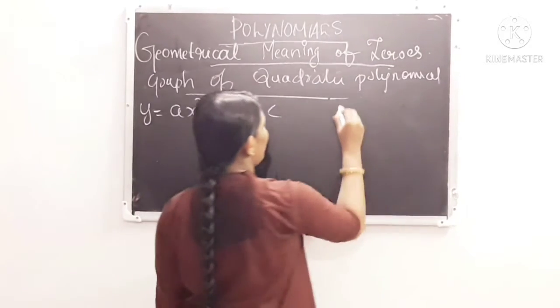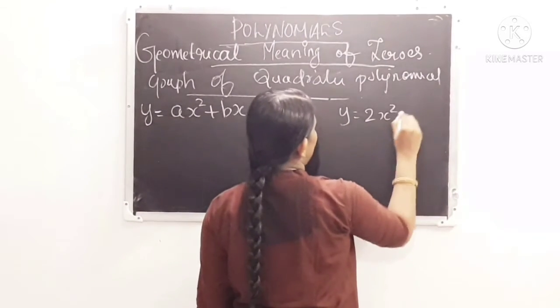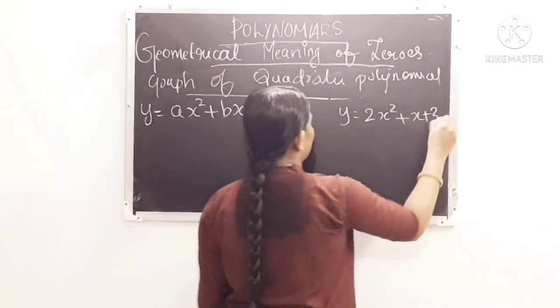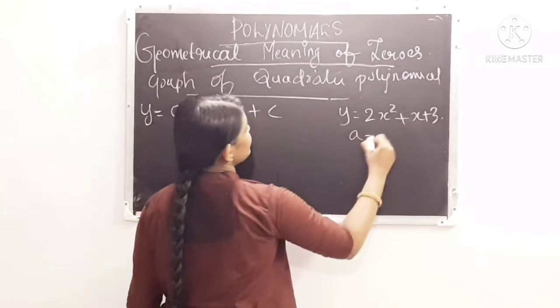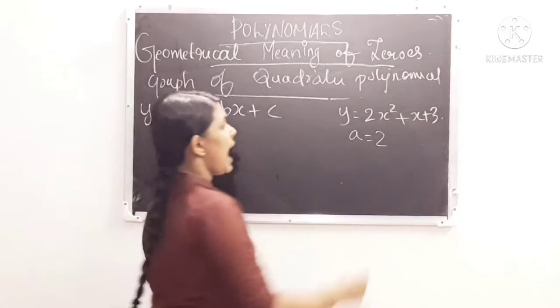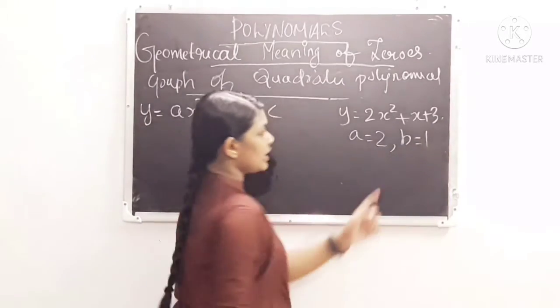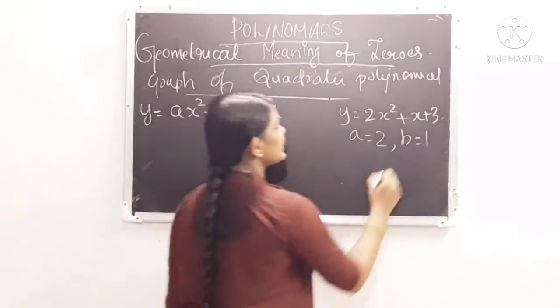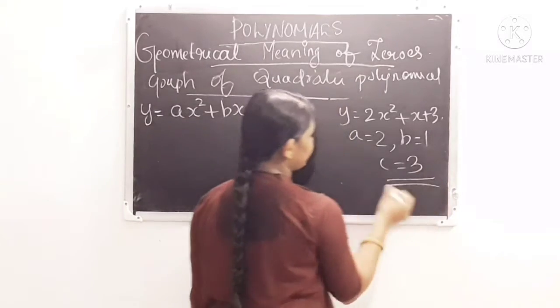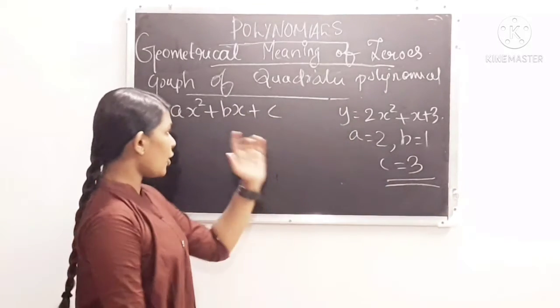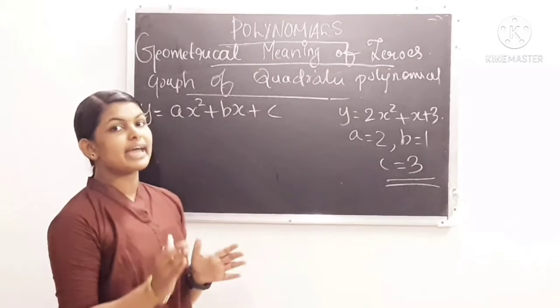Just take an example. y is equal to 2x square plus x plus 3. Here a is equal to 2 since it is the coefficient of x square, and b is equal to 1 since it is the coefficient of the variable x, and c is equal to 3 since it is the constant term of this polynomial.